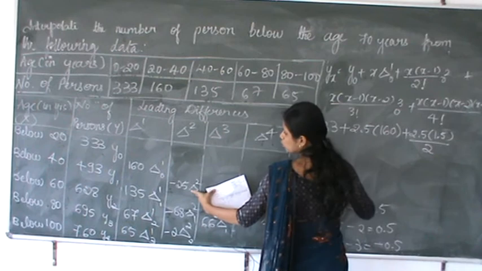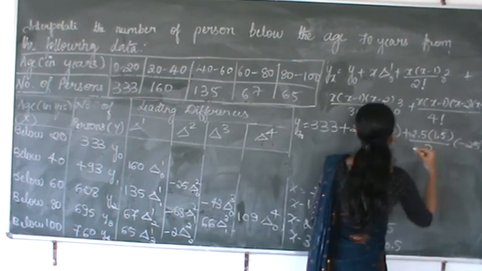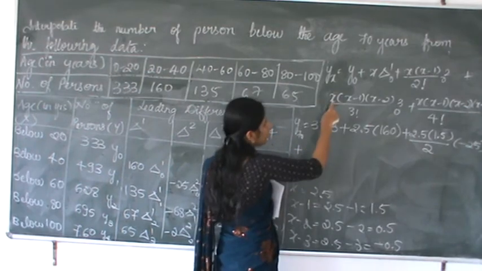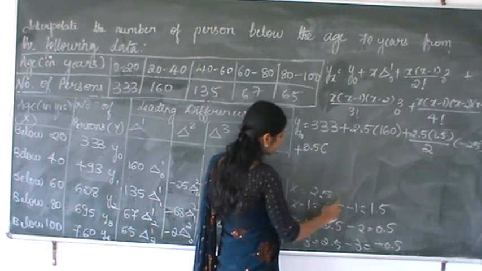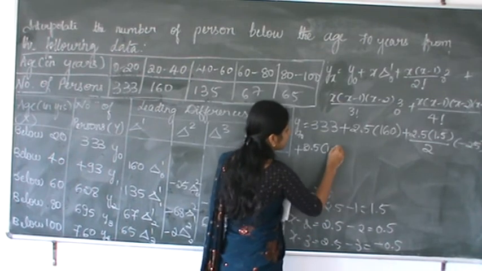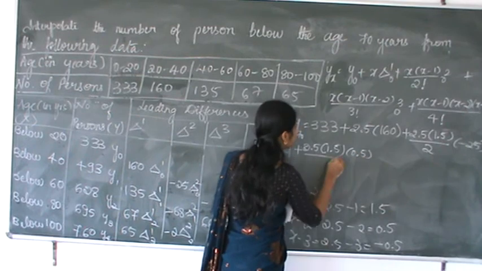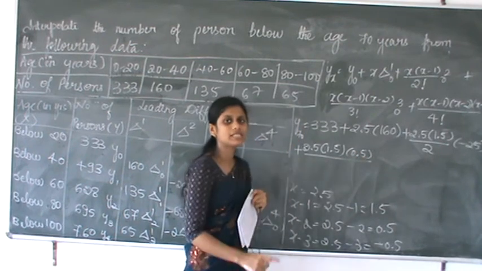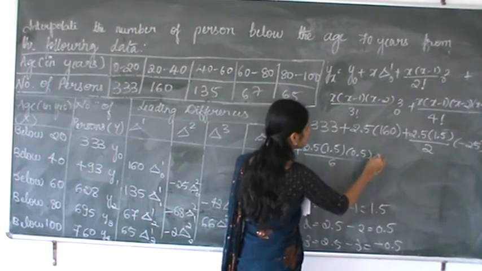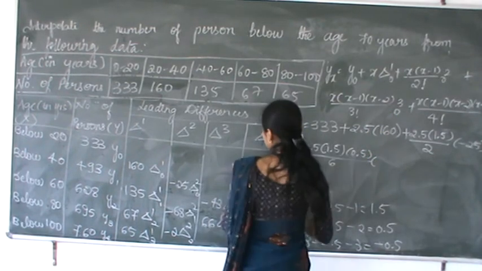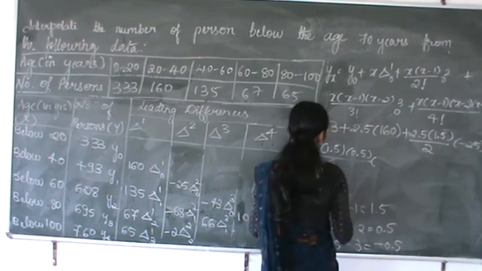Delta 0 raised to 2 value is minus 25. Next plus x value is 2.5 into x minus 1 is 1.5, into x minus 2 is 0.5, divided by 3 factorial. 3 factorial is 3 into 2 into 1, 3 2s are 6, into delta 0 raised to 3. The value of delta 0 raised to 3 is minus 43.